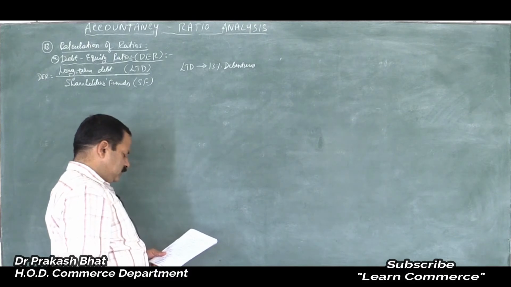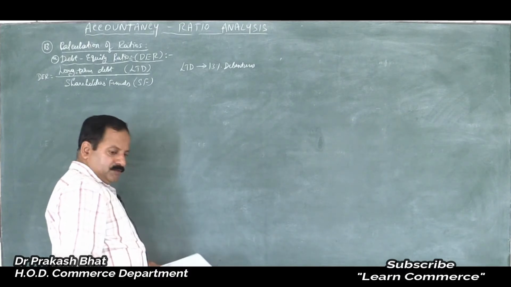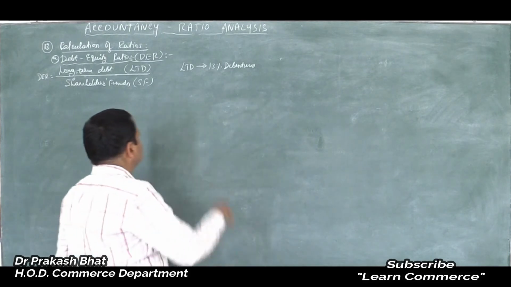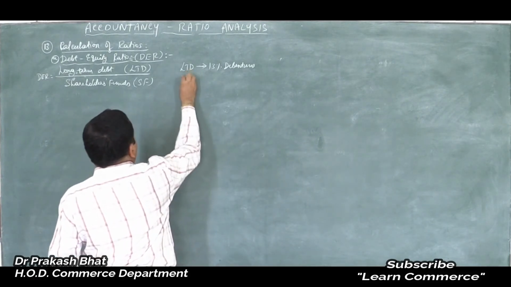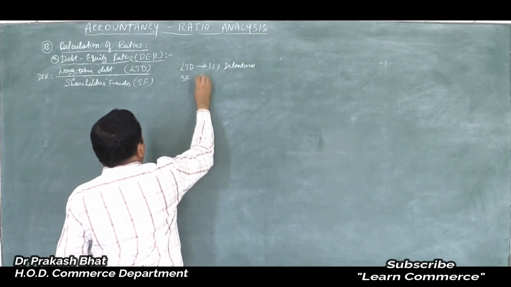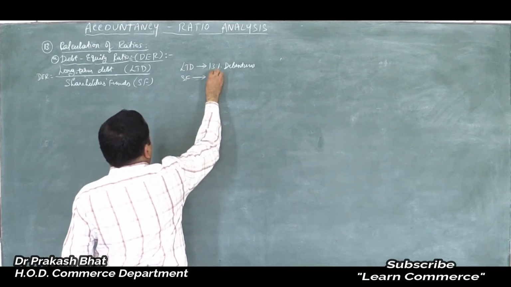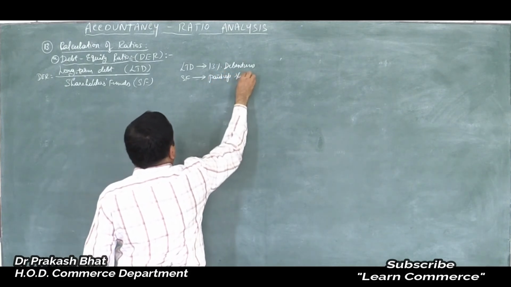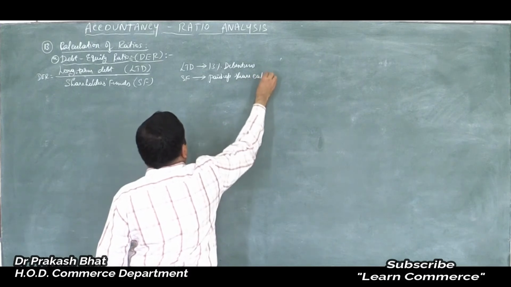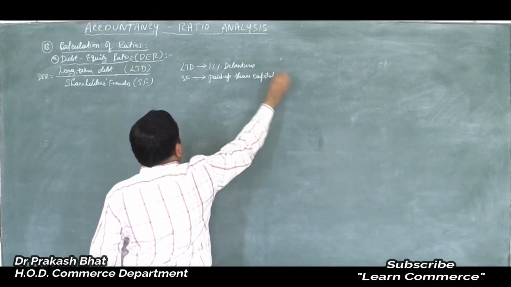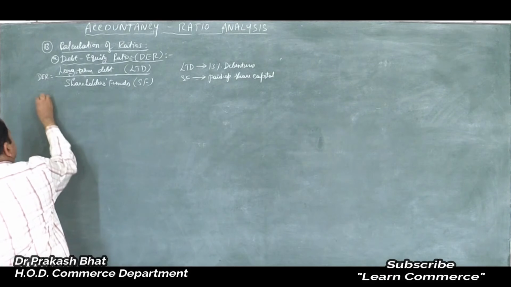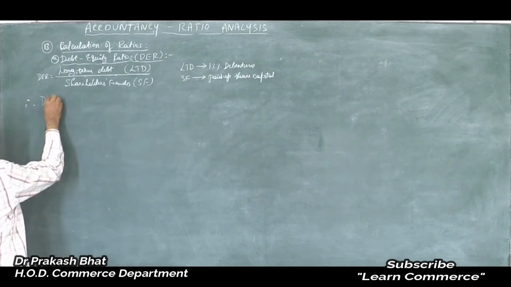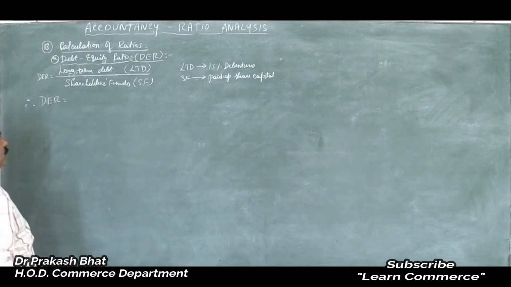Then shareholders funds. It is given, equity share capital, paid up share capital 5 lakh, and that is the shareholders fund. So therefore DER is equal to how much?